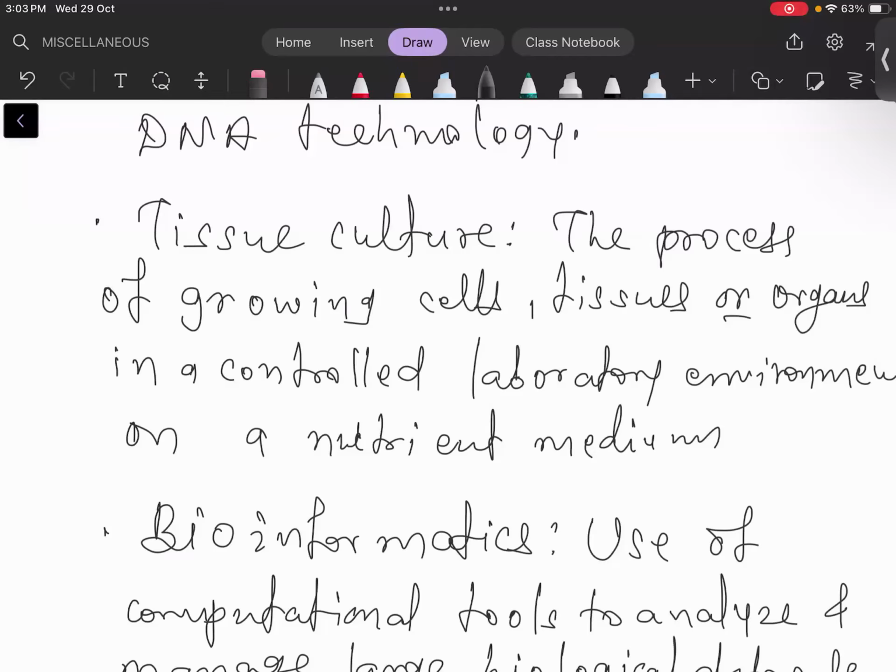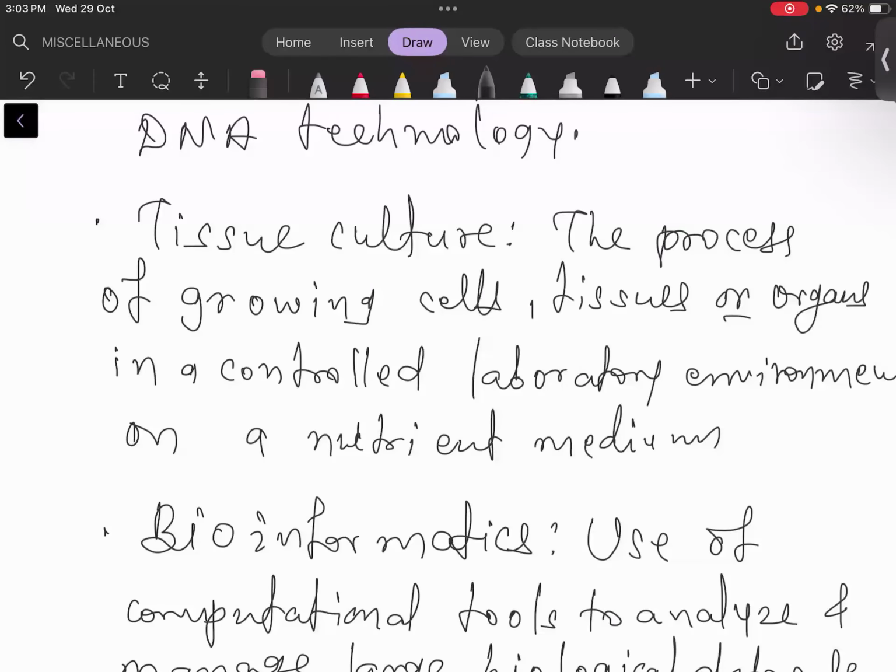Whenever biotechnology is used in medicine, it is called medical biotechnology. Used in agriculture, agricultural biotechnology. Used in industry, industrial biotechnology. Used in the environment, environmental biotechnology.